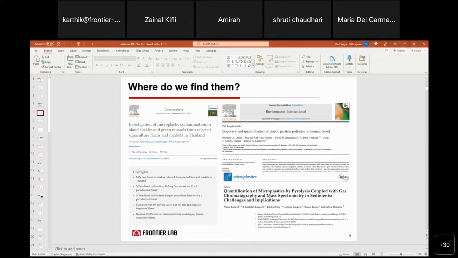They reported in blood cockles 11 plus or minus 5 particles, and similarly in another location it is 6. So when we talk about 11 particles, what is the mass of these 11 particles is what we are sometimes interested to know to assess its toxicity.